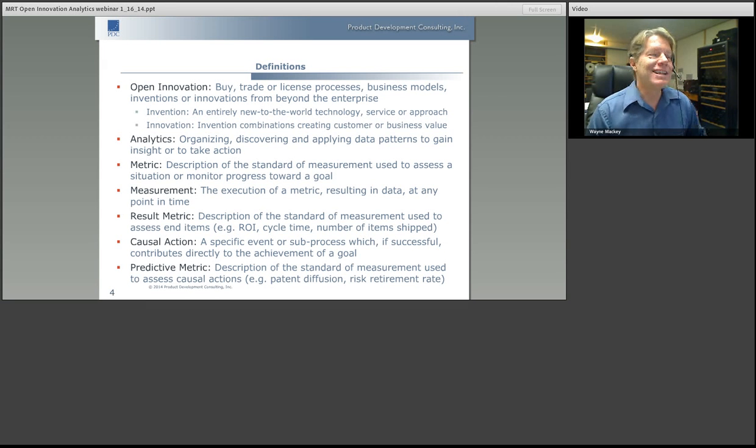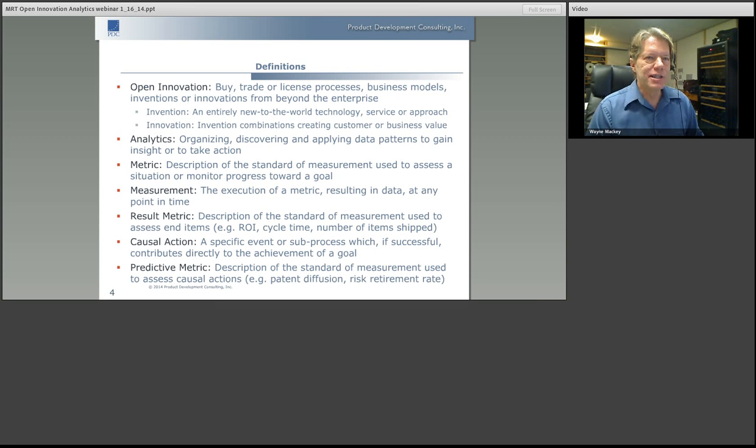We're going to talk about metrics. We're going to talk about analytics before we talk about metrics. Now, analytics has become a hot topic, and so I'll give you my definition of it. Analytics is really a three-step process: how you organize, discover, and then apply the patterns of data to gain insight or to take action.